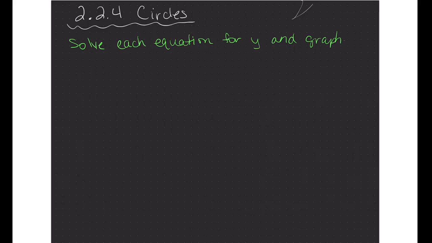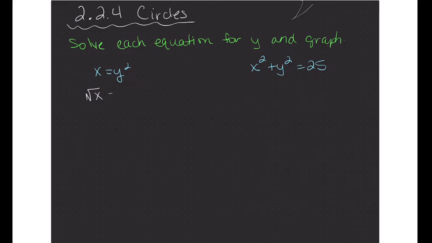So the first one they gave us was x equals y squared, and then the second one they gave us was x squared plus y squared equals 25. Okay. So we can start with the one on the left, and if we want to solve it for y, what are we going to do?